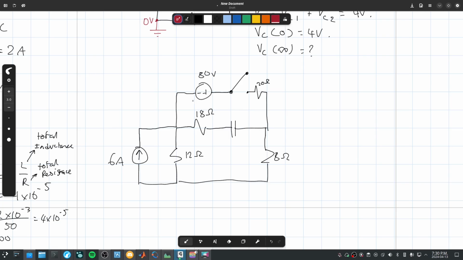So this entire thing is an incomplete circuit, because the gate opens at time equals 0. This entire part here became an open circuit.